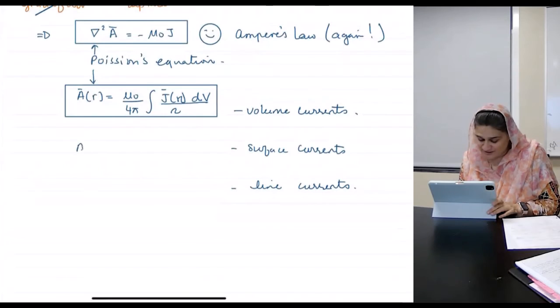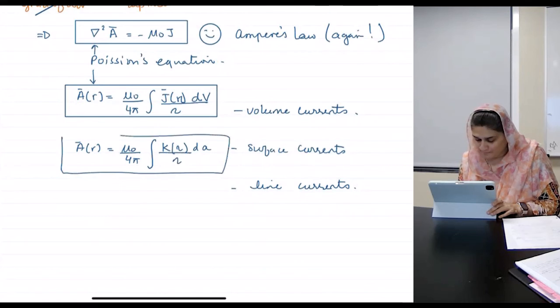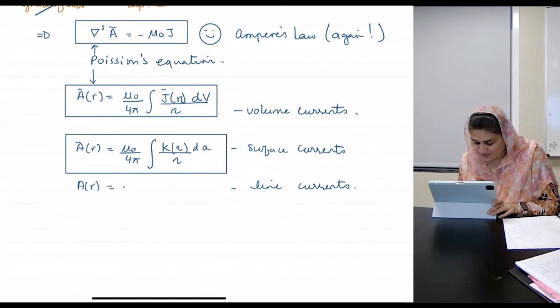So for surface currents, it'll be mu naught over 4 pi integration K dA, and for line currents, it'll just be mu naught over 4 pi I R dL.